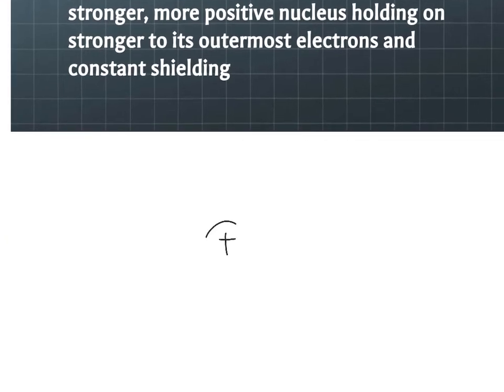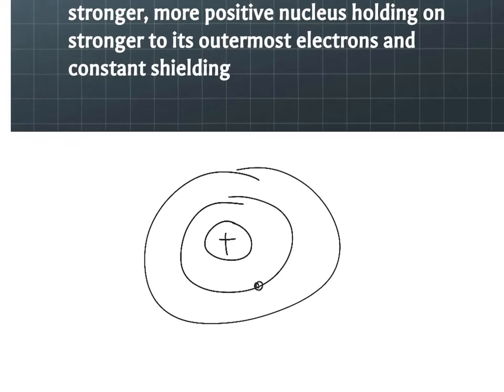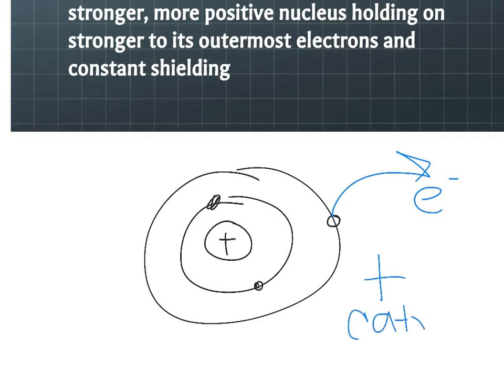We'll do lithium again. 1, 2, boom. And I'm going to remove this electron. How much energy did that take? That's what ionization energy is, because we are creating an ion. Specifically, we're creating a cation because we are removing an electron.